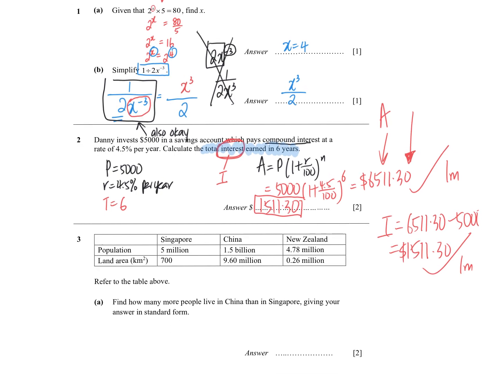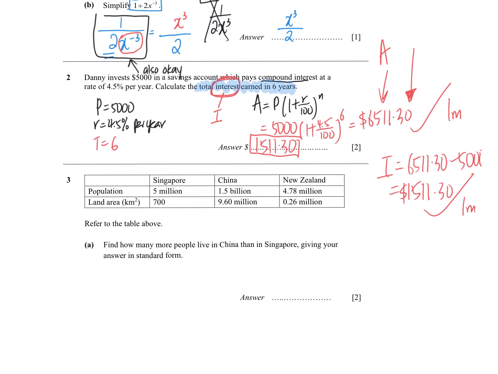Okay, next one. Question 3. Find out how many more people live in China than Singapore. So you need to first know billion is times 10 to the power of 9. Million is times 10 to the power of 6.